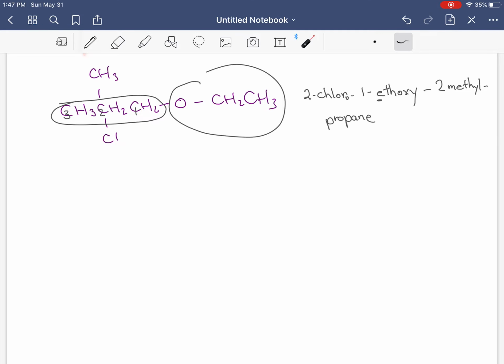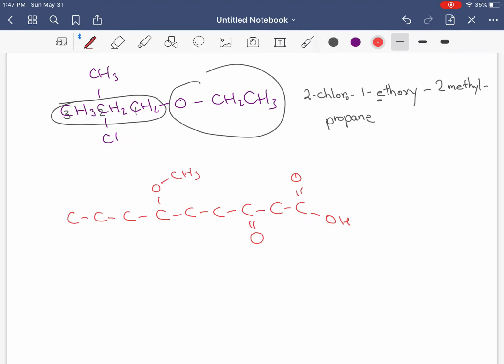All right, let's do another one. And I'm going to ditch these H's. All right, let's move on to something big. Carboxylic acid, ketone. Oh, ether here, ether there. Ether everywhere.